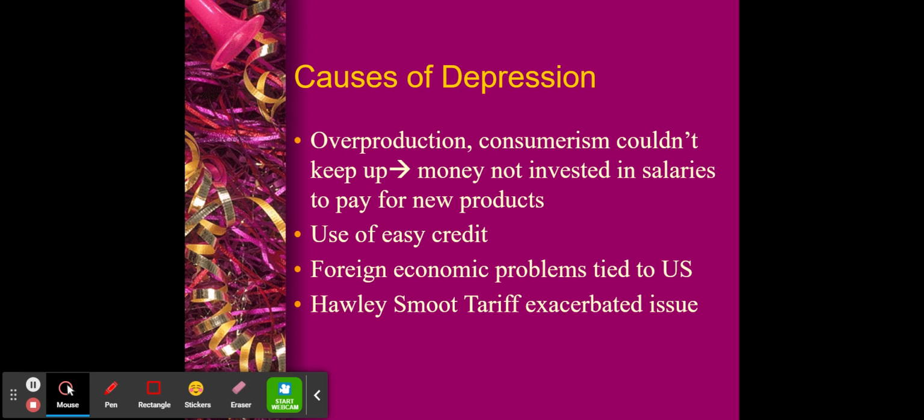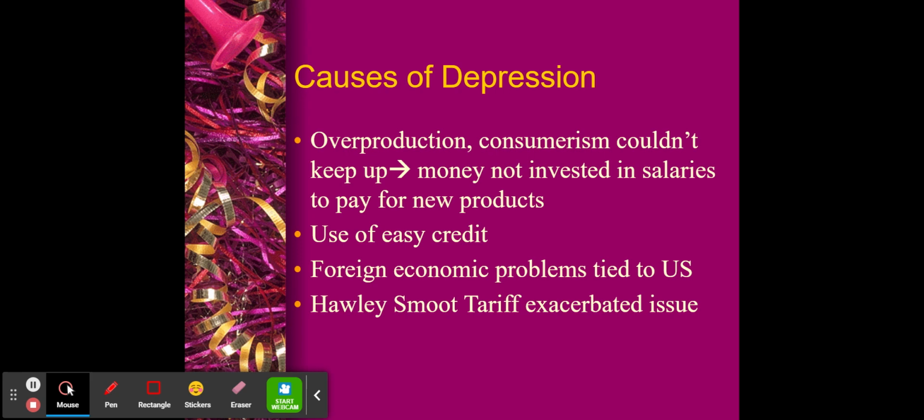Additionally, there were foreign economic problems, right? Whether it is that cycle of debt from the Dawes Plan between Great Britain, France, Germany, and the US. And then finally, the Hawley Smoot tariff exacerbated or made the entire issue even worse, if you can even believe it. The US government, Congress, freaked out when the economy started collapsing and businesses start to close, right?